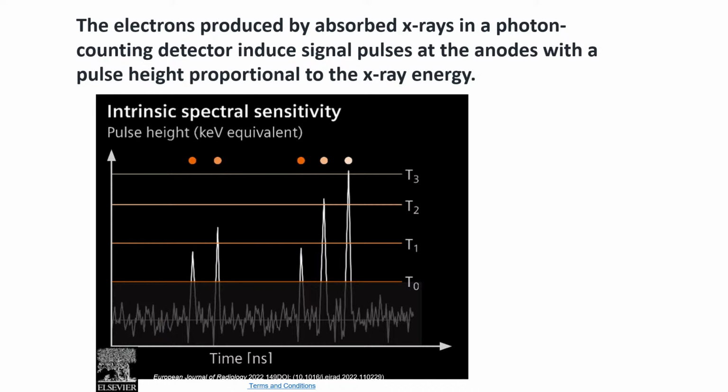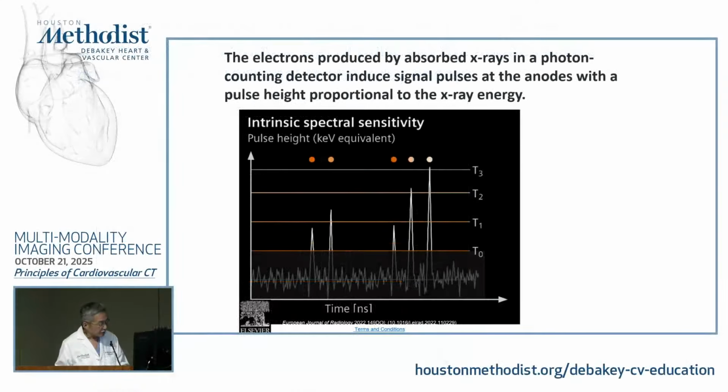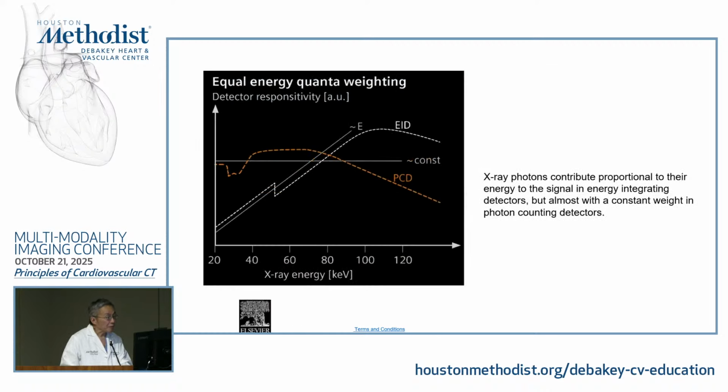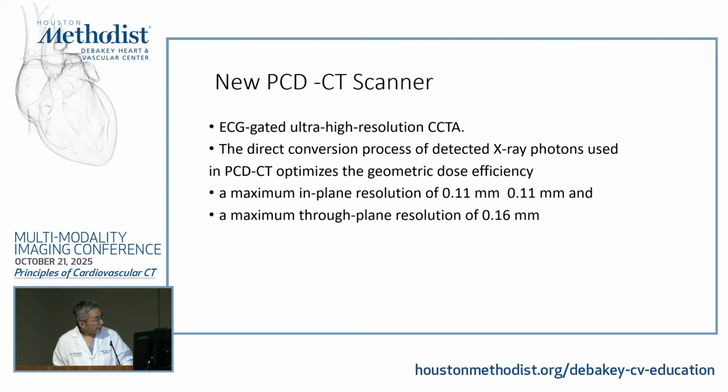This is a very general statement, but that's the potential for photon counting CT to do multi-energy imaging for tissue characterization, which is still not a clinical application, but is probably the most exciting and interesting portion of photon counting CT.